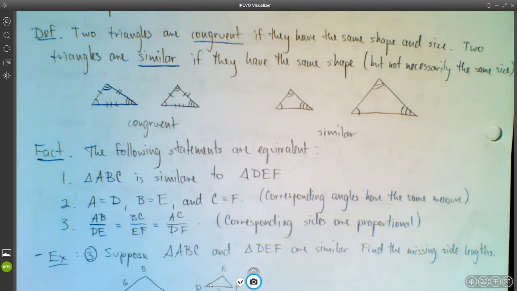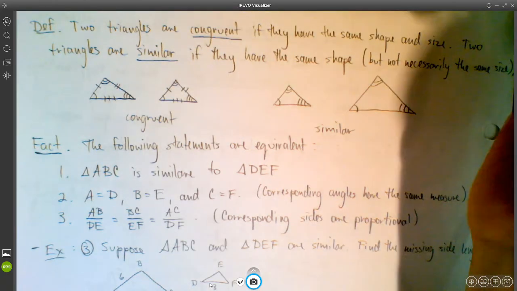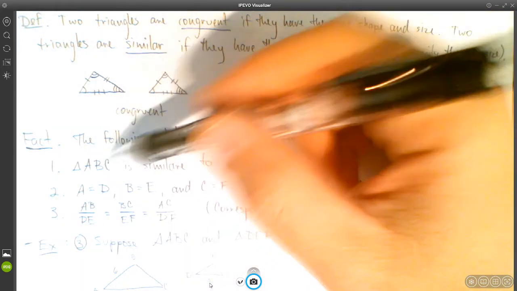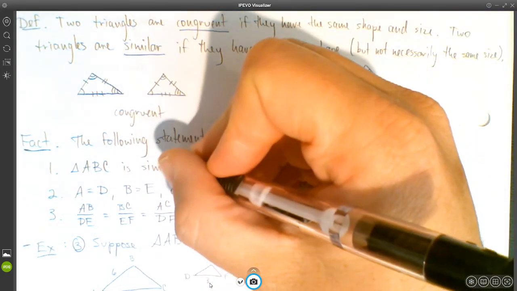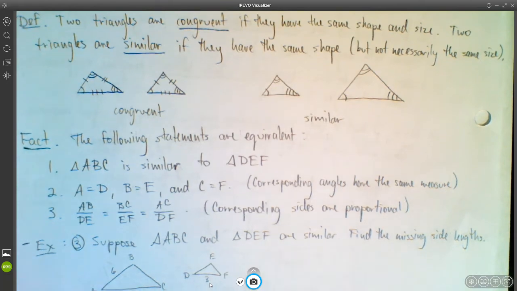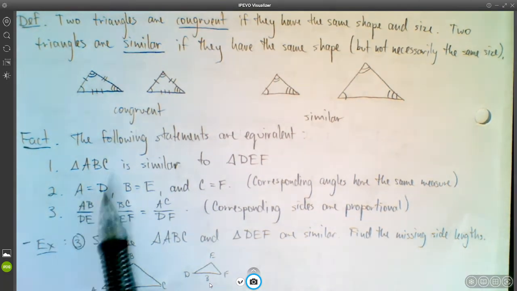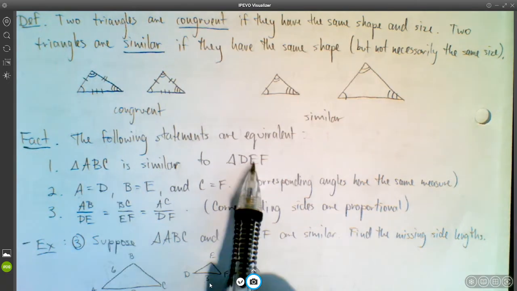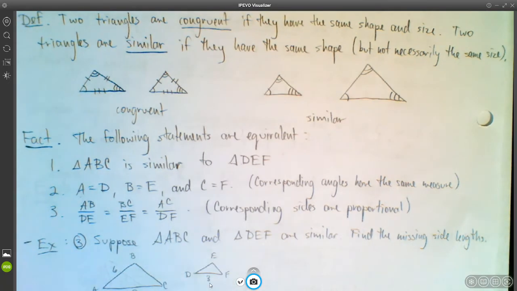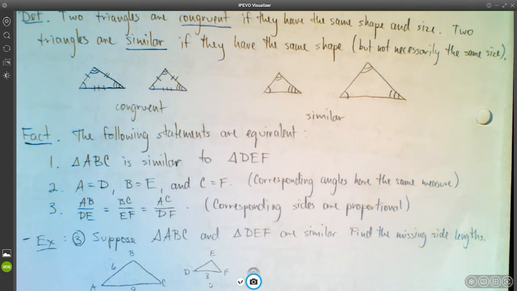Now, here's a fact about triangle similarity. And I just noticed a mistake, but the following statements are equivalent. Okay? Statement 1: triangle ABC is similar to triangle DEF. That's equivalent to statement 2, which is that angle A equals angle D, angle B equals angle E, and angle C equals angle F. Corresponding angles have the same measure. So saying that ABC is similar to DEF is the same thing as saying that the corresponding angles have the same measure.